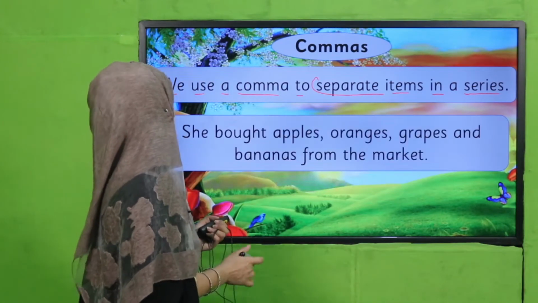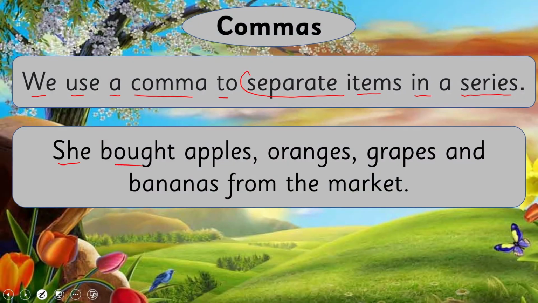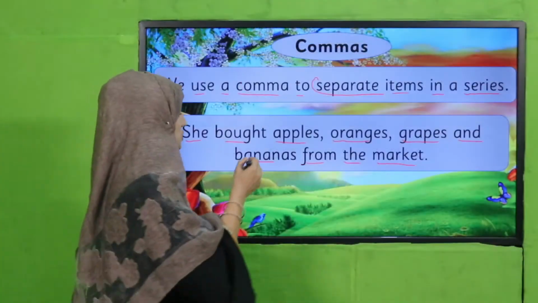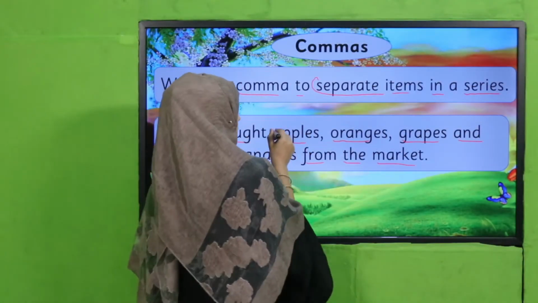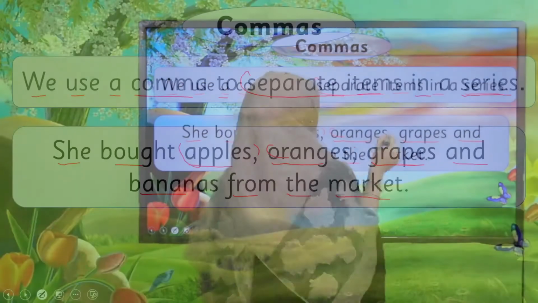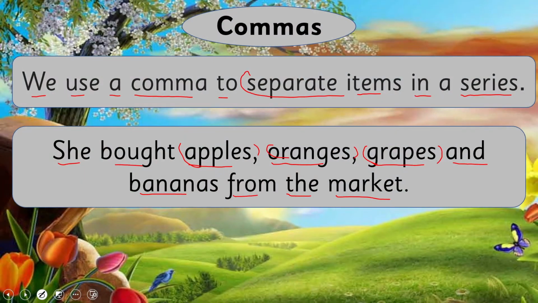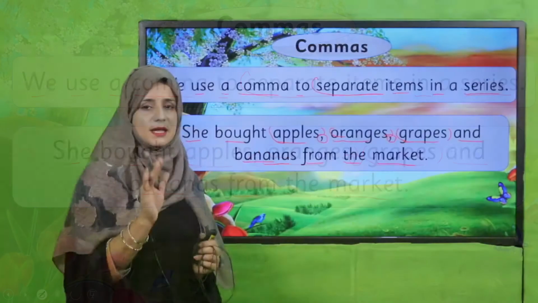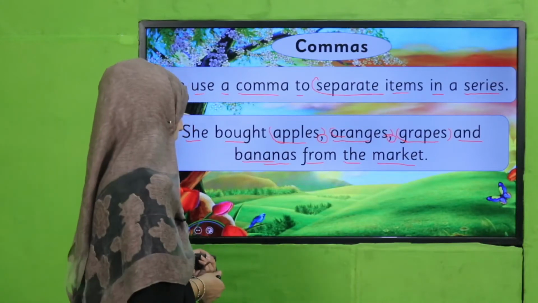There is an example: she bought apples, oranges, grapes and bananas from the market. Yes, my dear students, you can judge that there is a series of items: apples, oranges, grapes and bananas. So we have used comma to separate these items and we got the sense of this sentence.